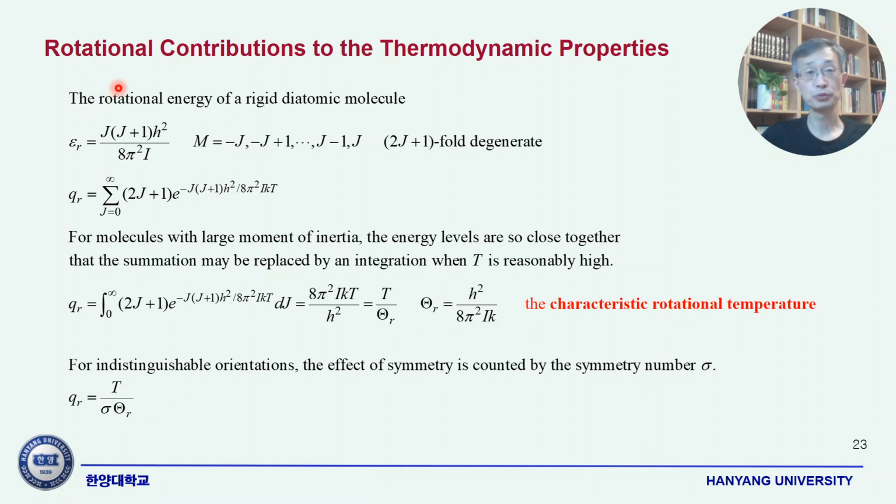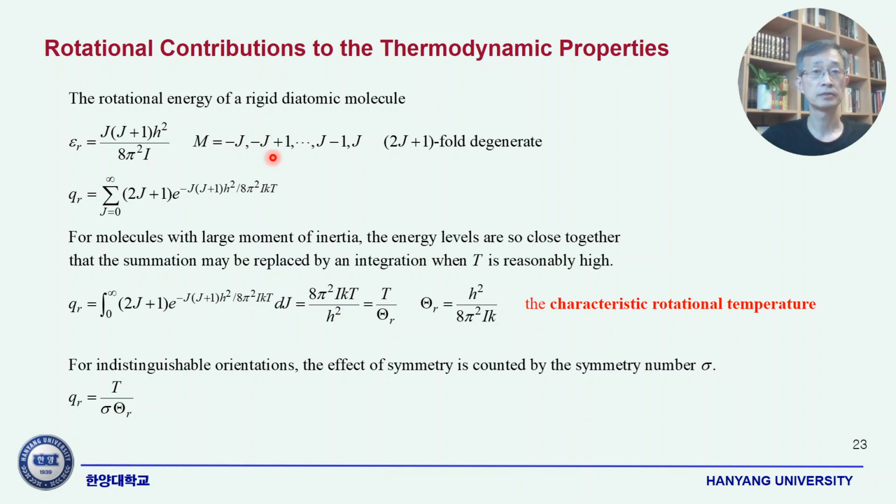Now we are going to do the rotational contribution. For a diatomic molecule there are two rotations, but we are considering only one here. The rotational energy is J times J plus 1 times h squared over 8 pi squared I, where I is the moment of inertia.